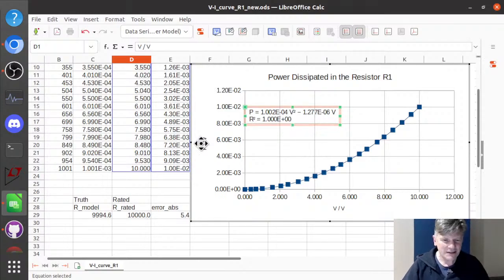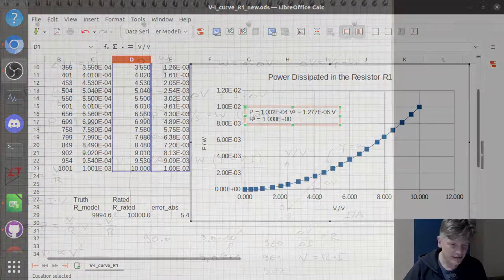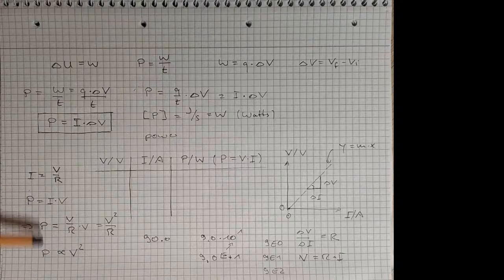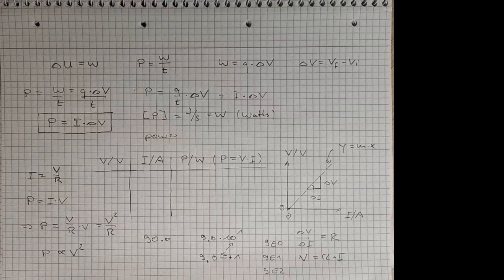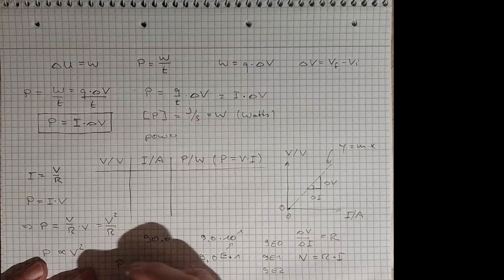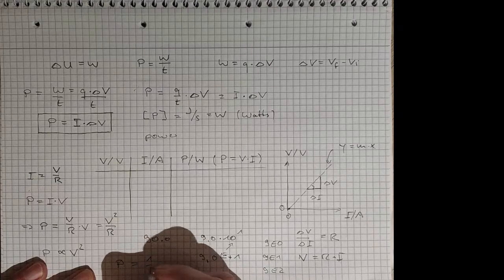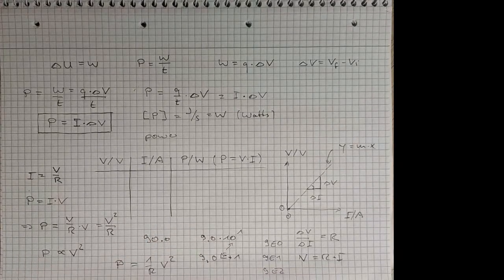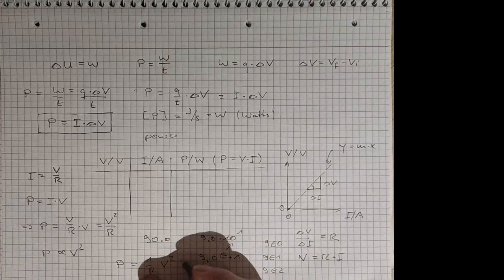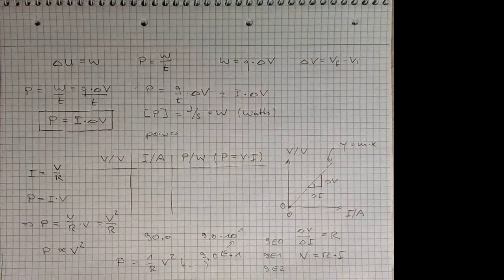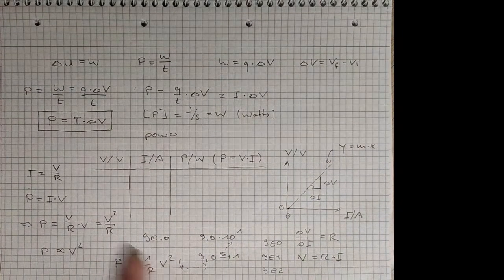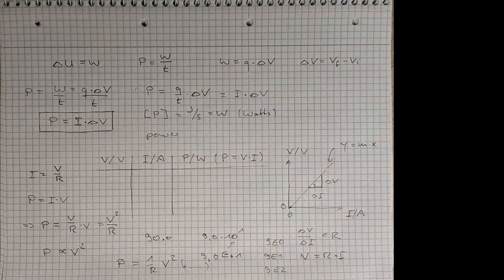And that is 1 divided by R, right? So P is 1 divided by R times V squared. And then we have this tiny little correction here, this linear correction, which we neglect. So it's 1 divided by R times V squared.